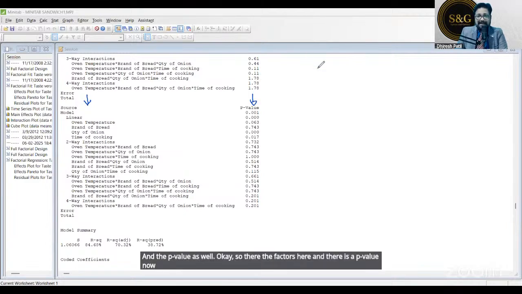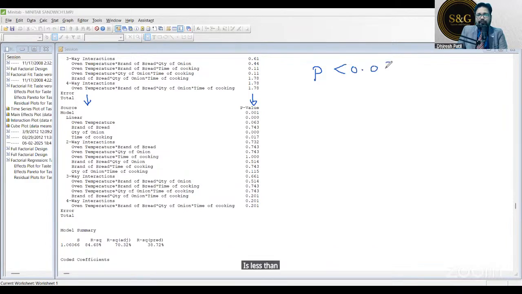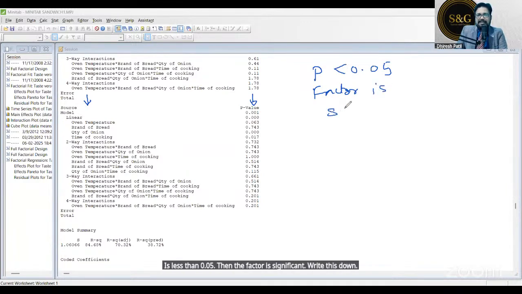Now understand this. If you remember, if the p-value is less than 0.05, then the factor is significant. Write this down. The factor is significant, which is very critical.